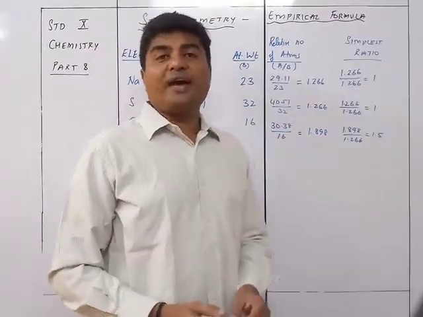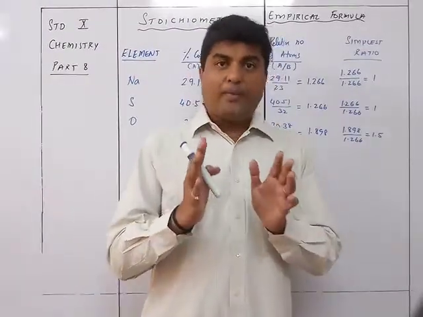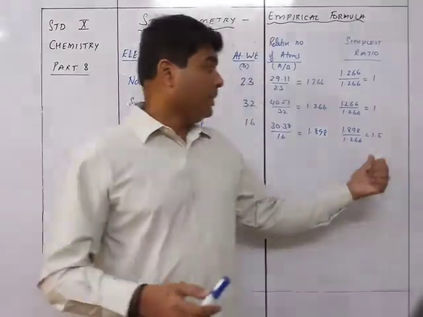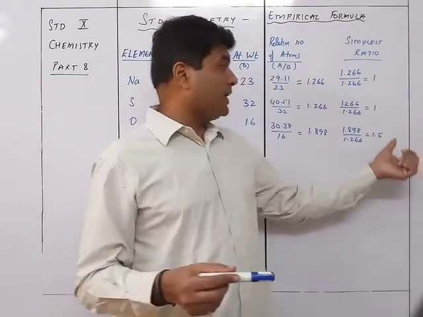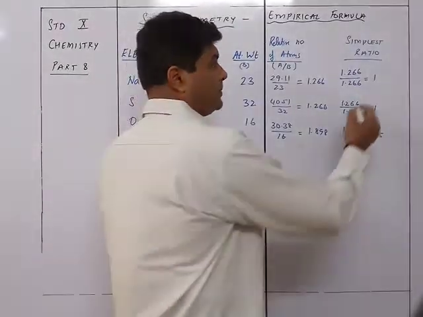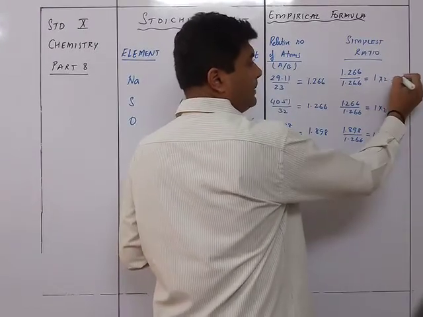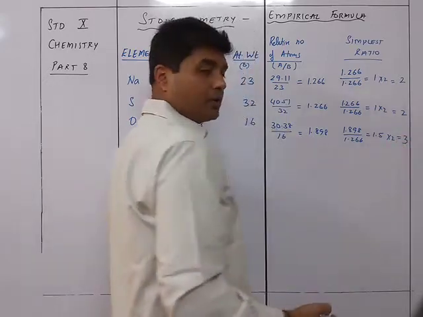Now whenever you get anything around 1.5, we are going to make this into a whole number. Like if this is 1.5, I'll multiply everything by 2. So I'll multiply this by 2, this by 2, and this by 2. So this will become 2, this will become 2, and this will become 3.